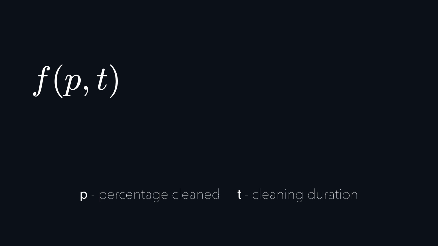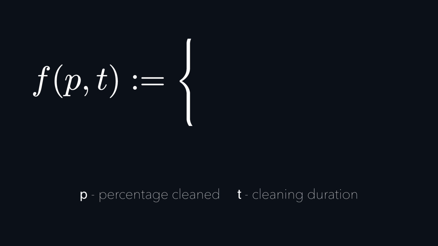We definitely want this function to be 0 if the robot cleans less than 90%, because if it cleans less, it hasn't completed its task. At the same time, we want it to have a higher value when the robot cleans faster. We will create a function that takes the percentage of the area cleaned and the time it took to clean as an input and define it as a piecewise function.